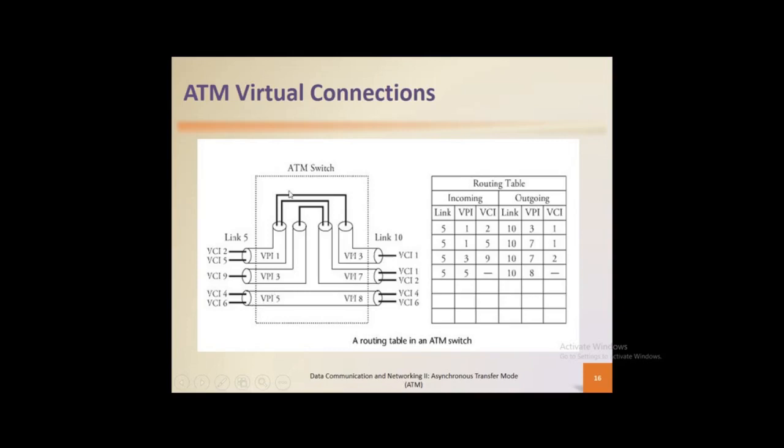If the switch realizes cells from a virtual path are too overwhelming, or are prioritized and need to be routed on a less congested path on the outlet side, in this case link 10, then it can reroute a given channel from a given path to a different path.